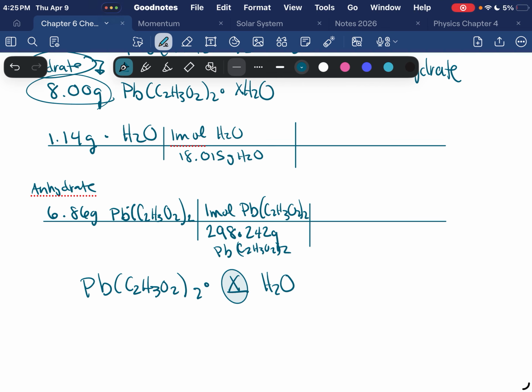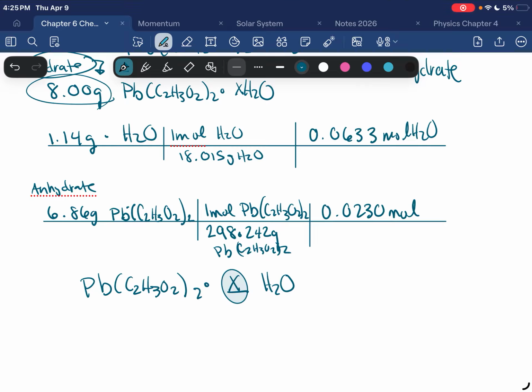And then you're going to take 1.14 divided by 18.015 and record it through SigFig, so 0.0633, I had to round up, moles of H2O, and 6.86 divided by 298.242, and you get 0.0230 moles of lead 2 acetate, Pb(C2H3O2)2.